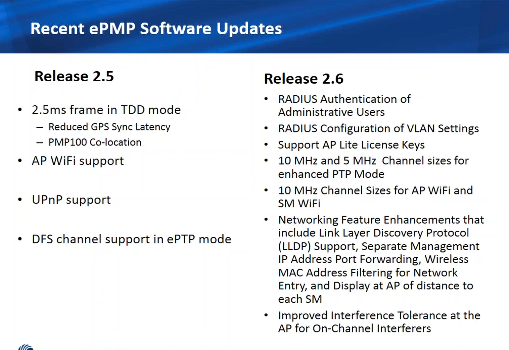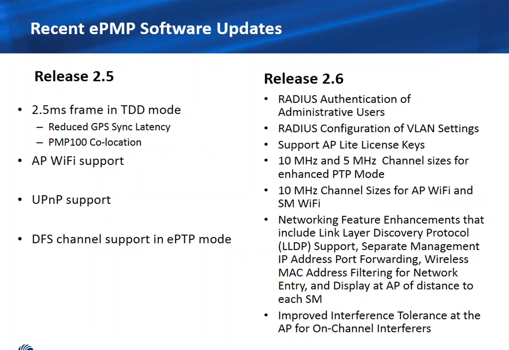Then at the end of last year, we introduced release 2.6, and this had quite a few features in it which are very useful. We enhanced the support of Radius in the solution. We now support the authentication of administrative users via Radius, and we'll support the configuration of VLAN settings on your client devices, subscriber modules, with Radius.